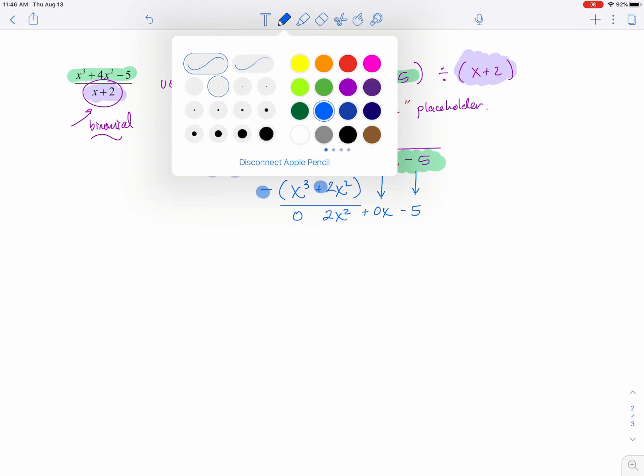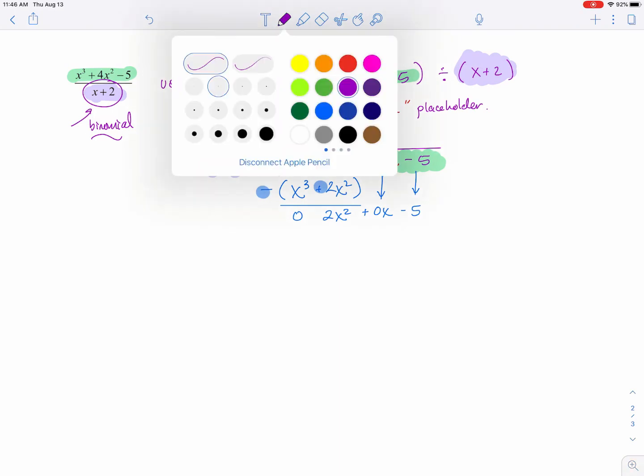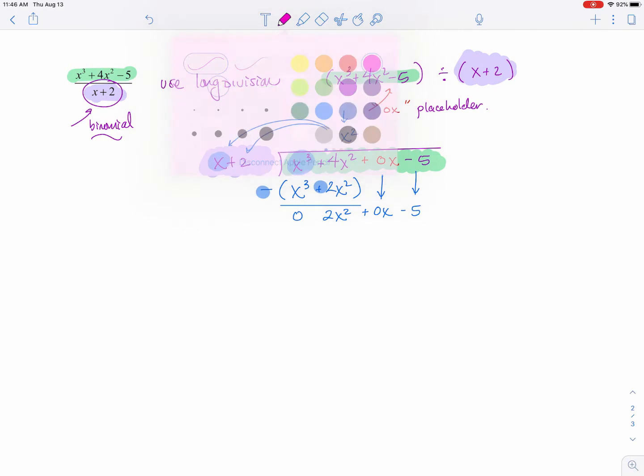So let me get a different color because I like to color coordinate so much. Now, the question is, what are we going to multiply x by so that we get 2x squared? And the answer here is 2x. And we're going to distribute again.